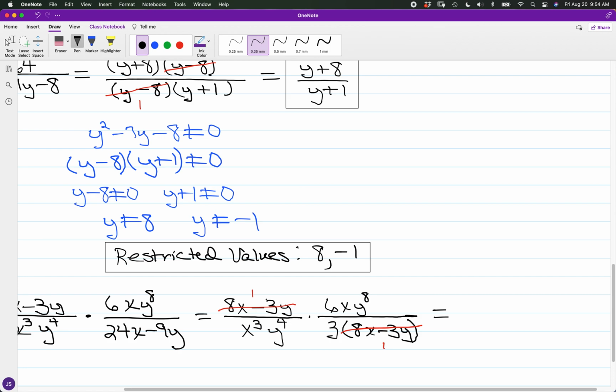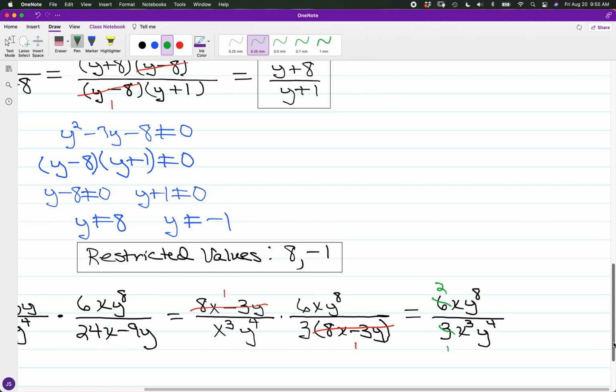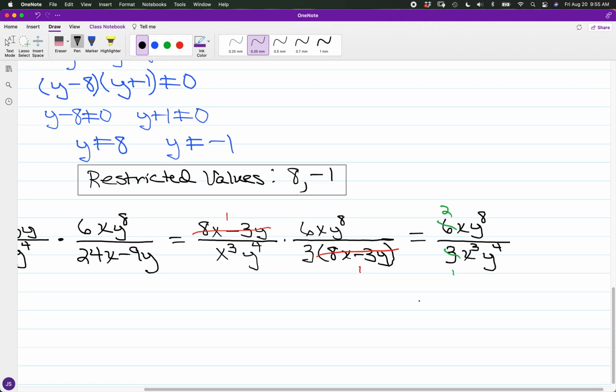For the numerator, you have 1 times 6x y to the eighth, all over 3 times x cubed y to the fourth, and 3 will go into 6 2 times. Now, regarding x and y, we have different degrees in x and y in the numerator and denominator layout.